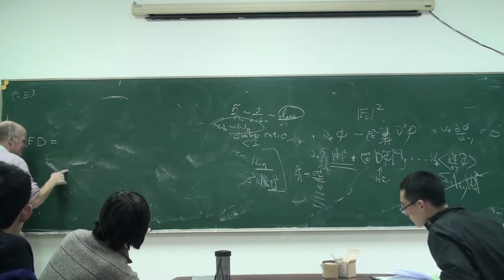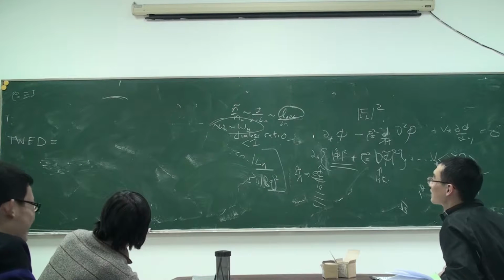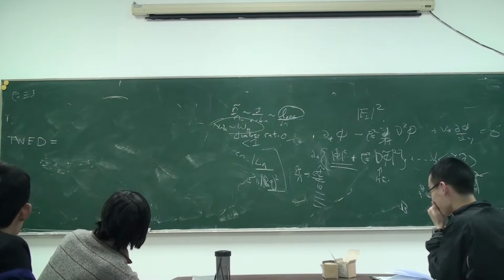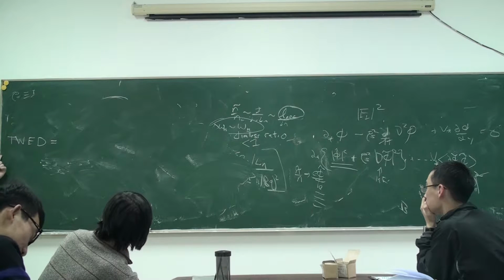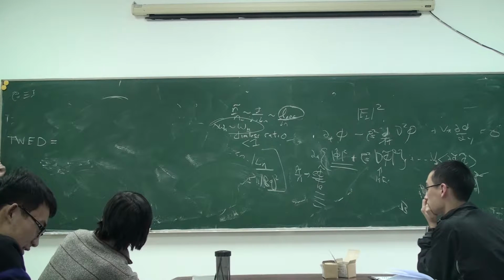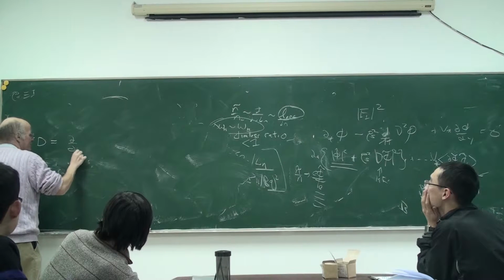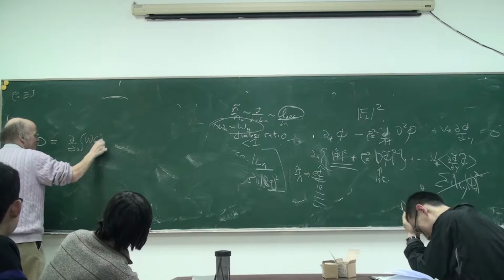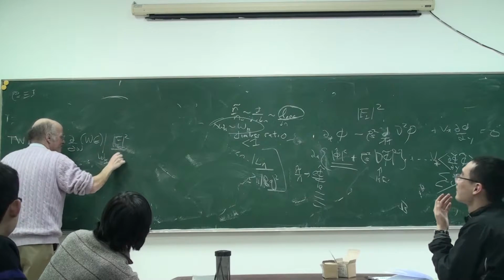You guys need a basic course in plasma physics. This is a very fundamental point. So how would you write, for an electrostatic plasma wave, the general expression for the total wave energy density? It is the famous thing: d by d omega of omega epsilon, evaluated at omega_k, times E squared over 8 pi.